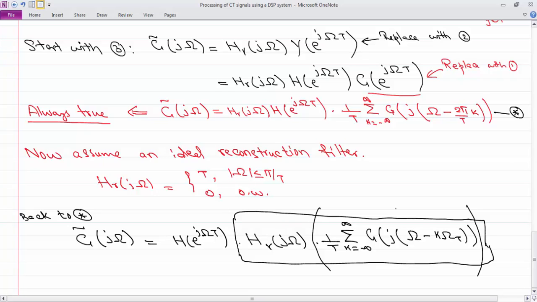Okay? And if we assume now, at this stage, let's make another assumption that G of j omega was band limited to pi by T, so there was no aliasing.